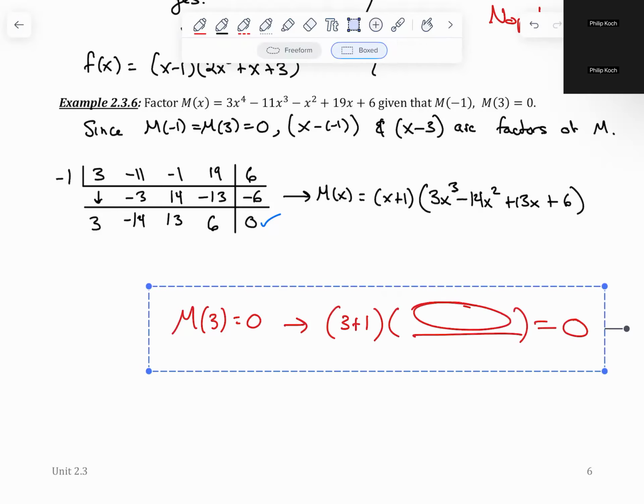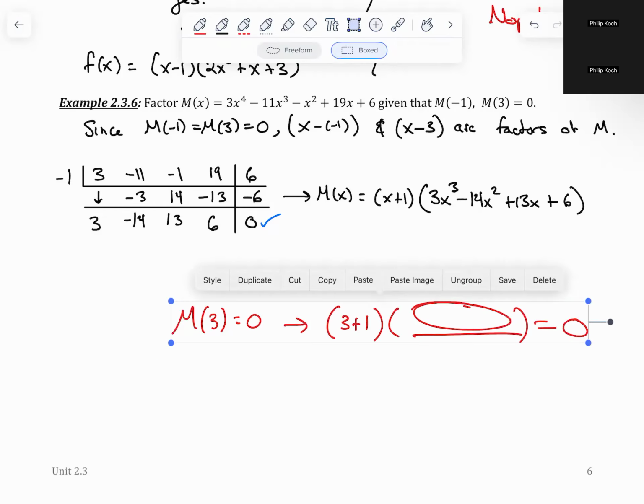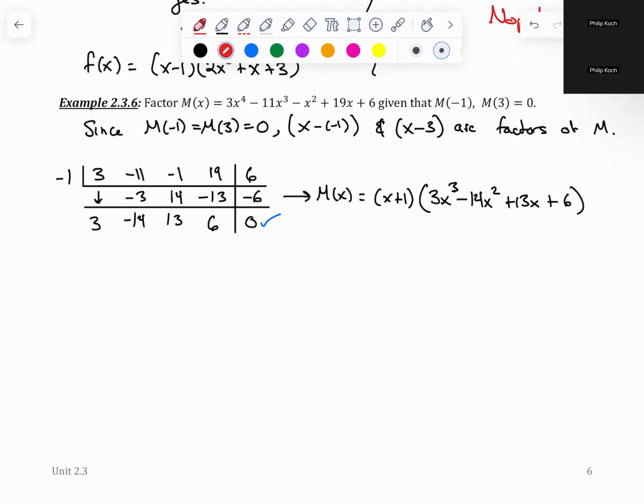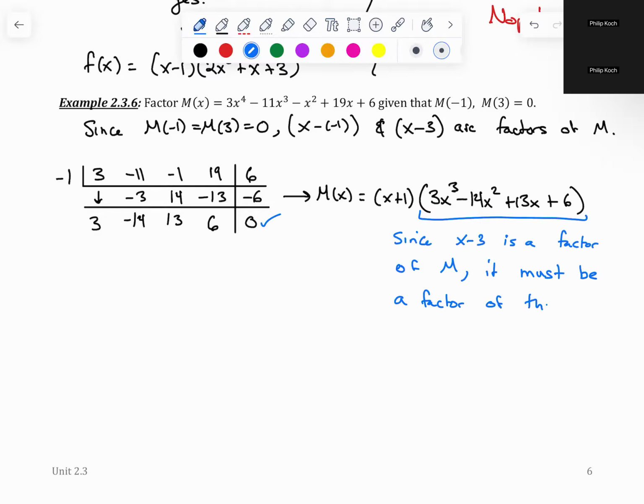So the point being is that since x minus 3 is a factor of m, capital M, it must be a factor of this as well, by necessity.